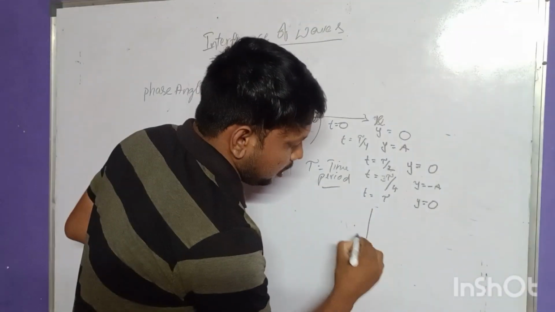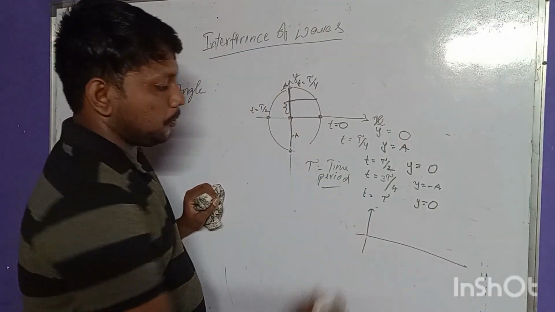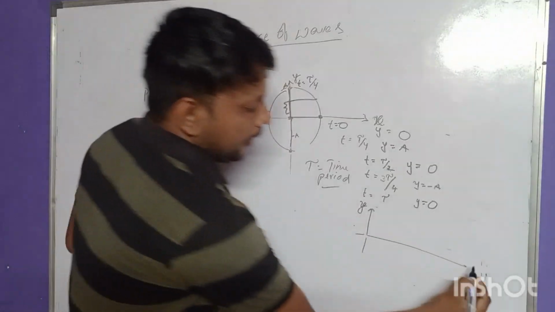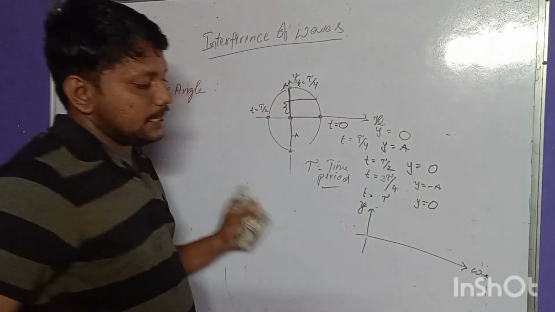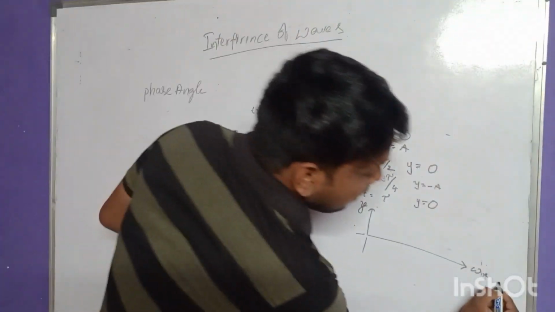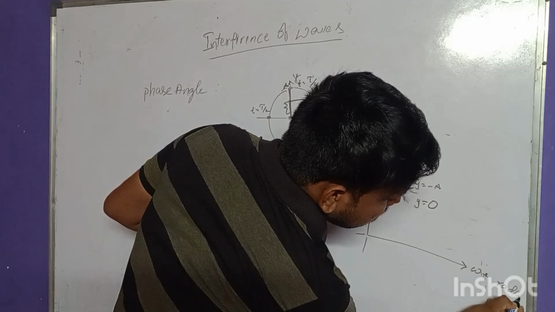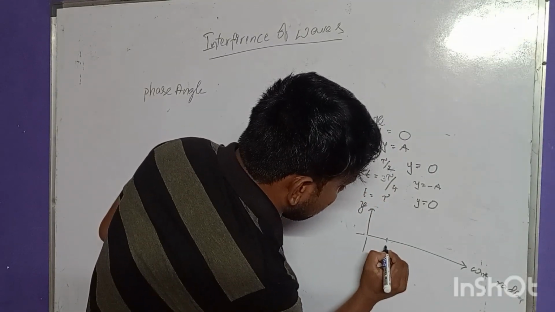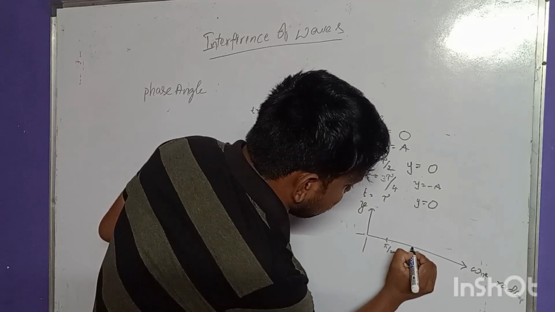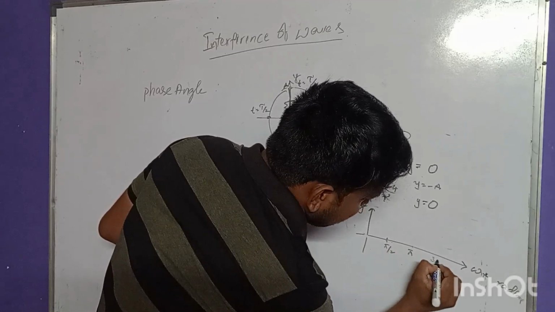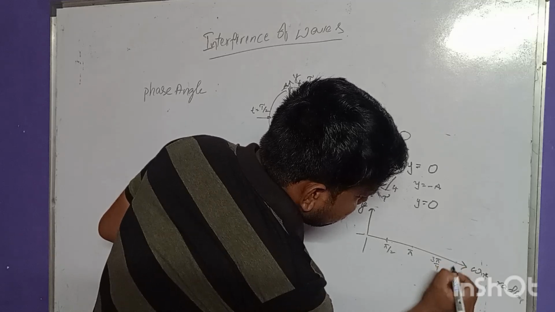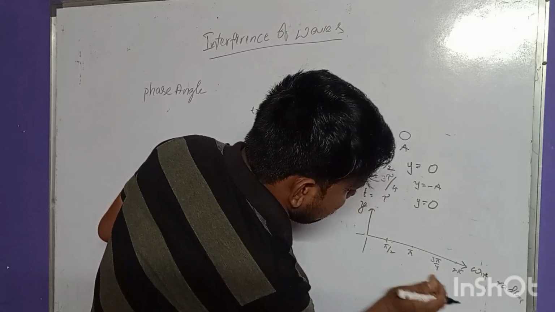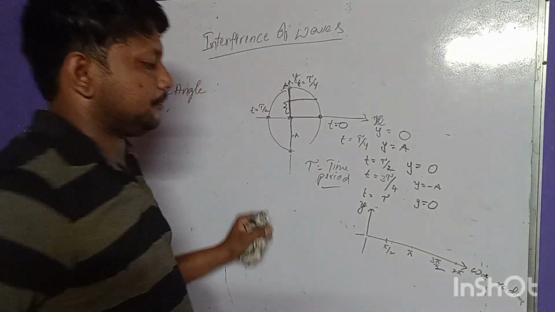Now we draw the corresponding graph about amplitude and omega t. Omega t is the angle in radians. This is π/2, π, 3π/2, 2π.